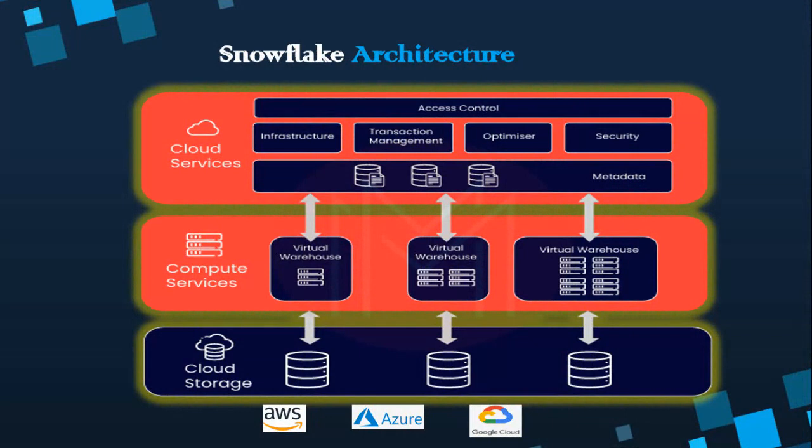The second one is infrastructure. Infrastructure is a component which takes care of computing machines, that is, virtual warehouses. If my query is taking a lot of time and Snowflake wants to increase the virtual warehouses, who will take care of increasing or decreasing the services or our storage capacity? The infrastructure component will take care of that.